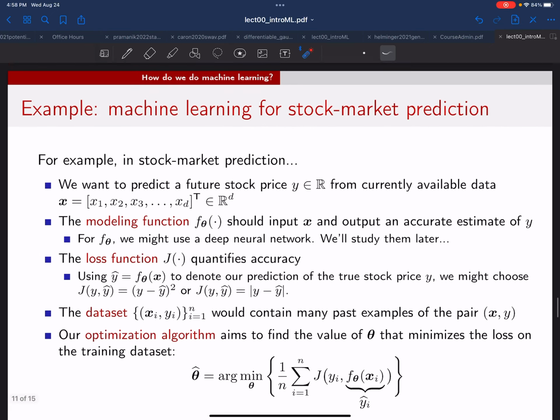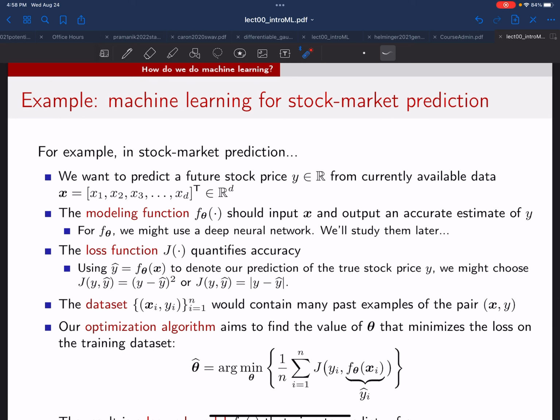So here's again stock market prediction. Let's say we take our currently available data, and we're just going to assume it's a bunch of scalars. Maybe these are the previous values of that stock, like today and yesterday and the day before and so on. We'll collect D of them together. We'll stack those scalar numbers into a vector.